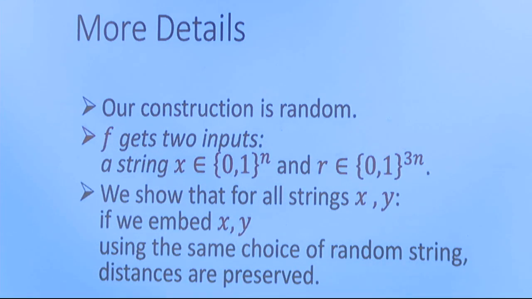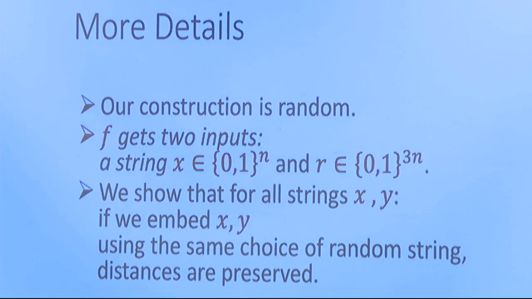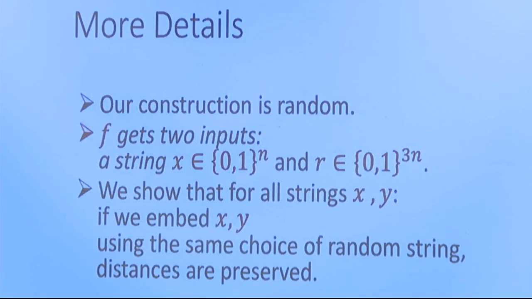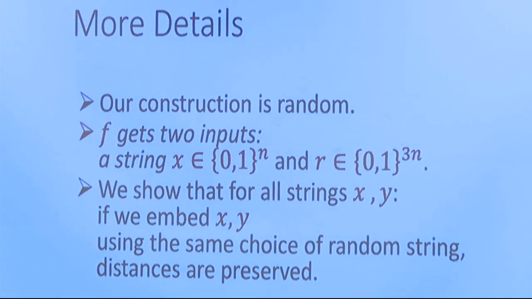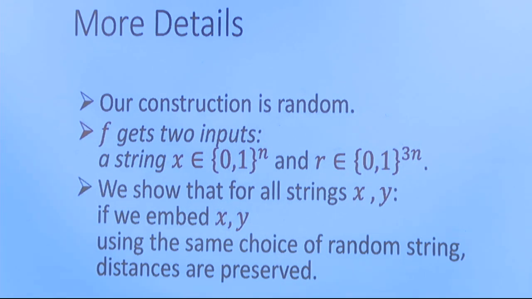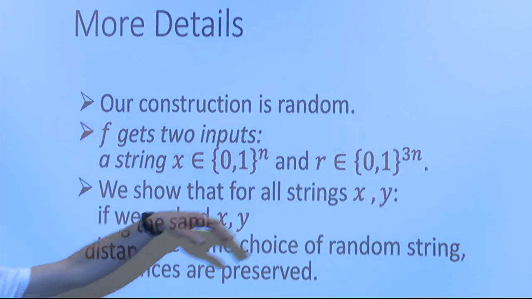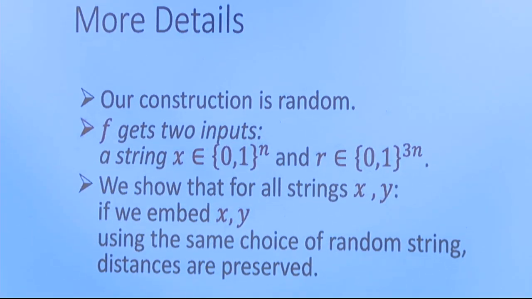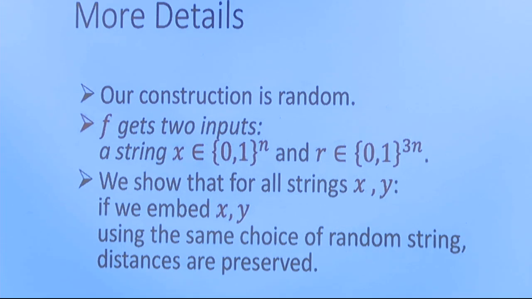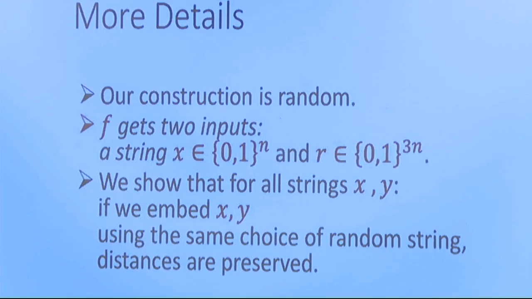If we give some more details, our embedding is randomized, which means that the embedding gets two strings. One is what we think of as the input string, another is what we think of as a random string, and we show that if we embed x and y using shared randomness, using the same random string, then with high probability over the random string, we have the distortion guarantee.